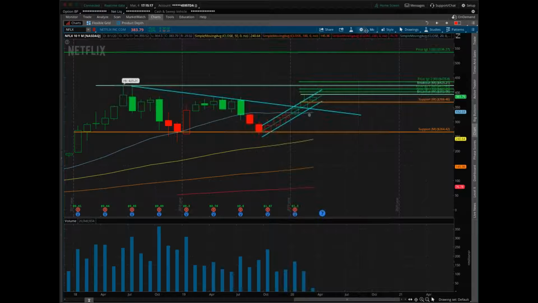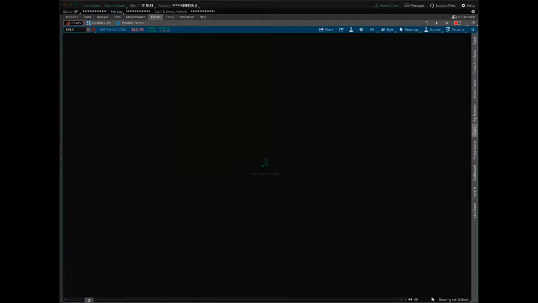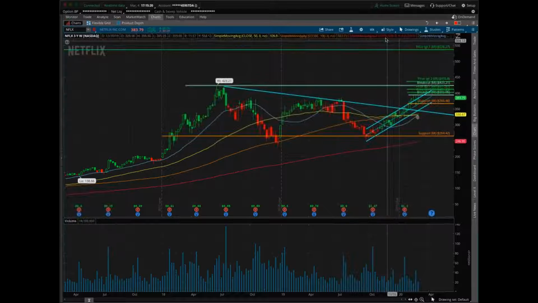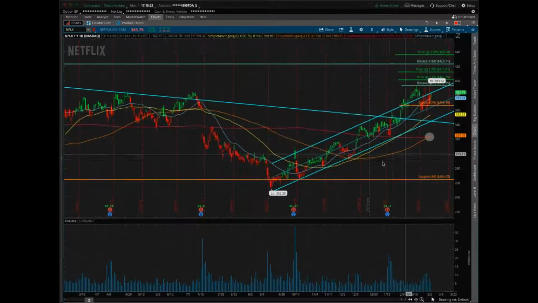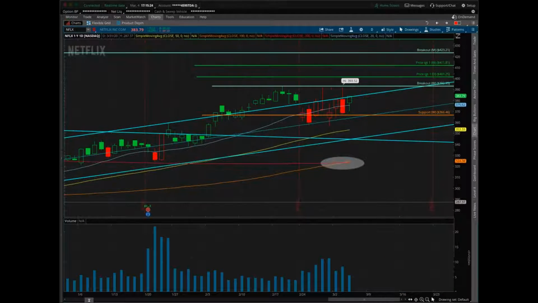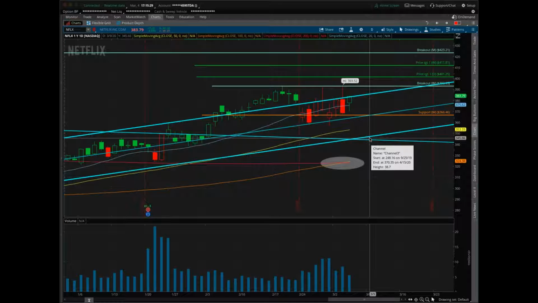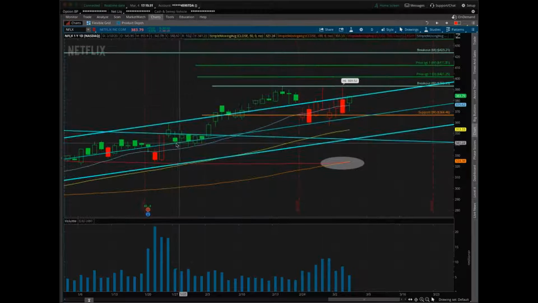So monthly chart looks bullish. Weekly chart looks bullish. The daily chart looks bullish. So this looks like a nice bullish chart. We were in an uptrend, then we got into a little downtrend, and now we're coming into another uptrend again.